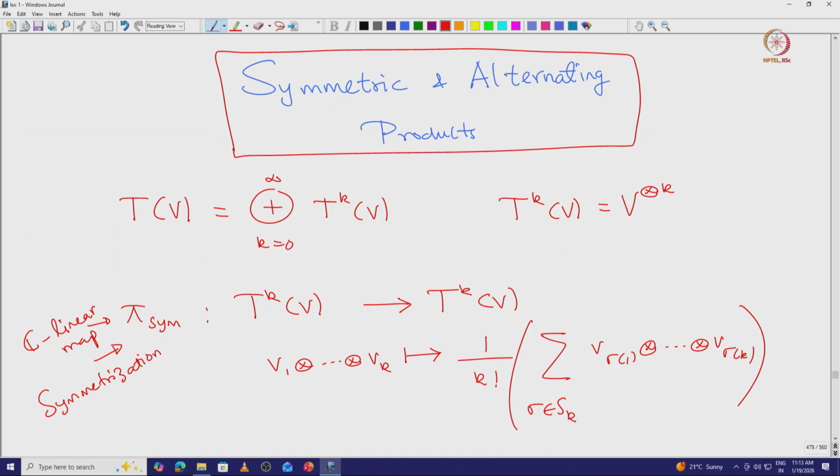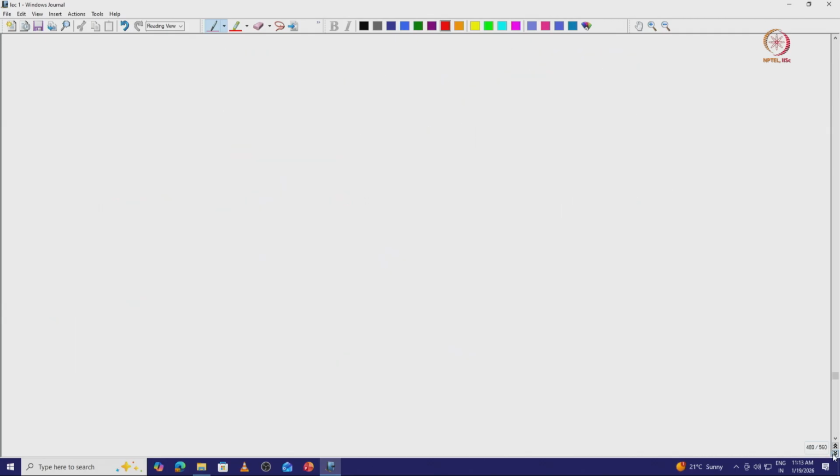It is not very hard to see that this is indeed an element of the Sim k of V that we defined before. So one can take this as a fifth definition. Indeed Sim k of V is nothing but the image of this pi sim.